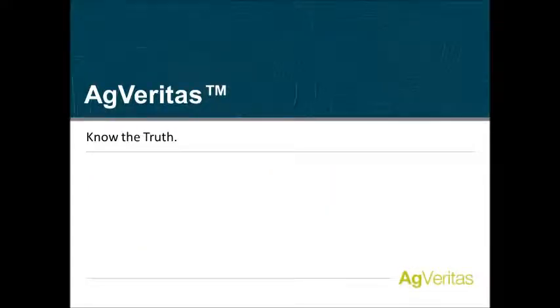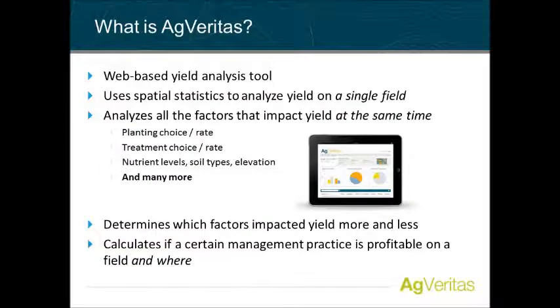So we're going to quickly go over Ag Veritas and explain what it is and the type of results it produces. At a high level, Ag Veritas is a web-based yield analysis tool.